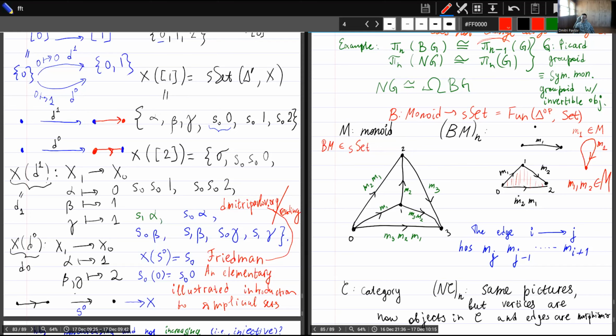So that's what a two simplex is. So every two simplex will correspond to a pair of elements M1 and M2 inside capital M. And its edges will be as indicated. The edge from 0 to 1 will be M1, the edge from 1 to 2 will be M2, and the edge from 0 to 2 will be their product.